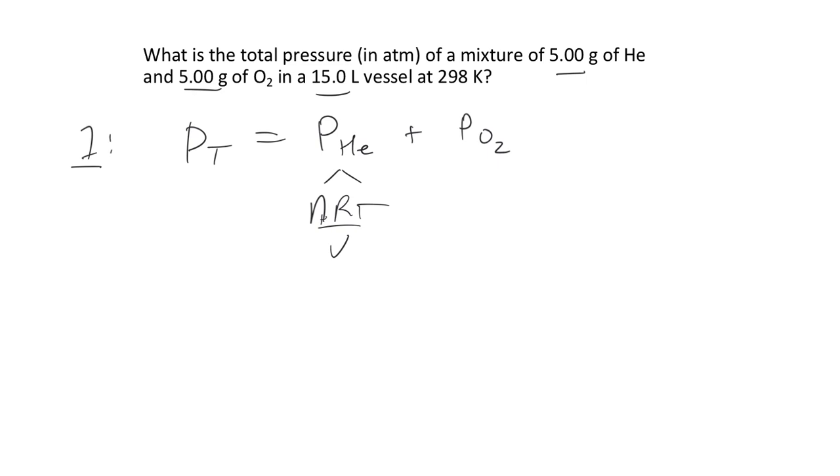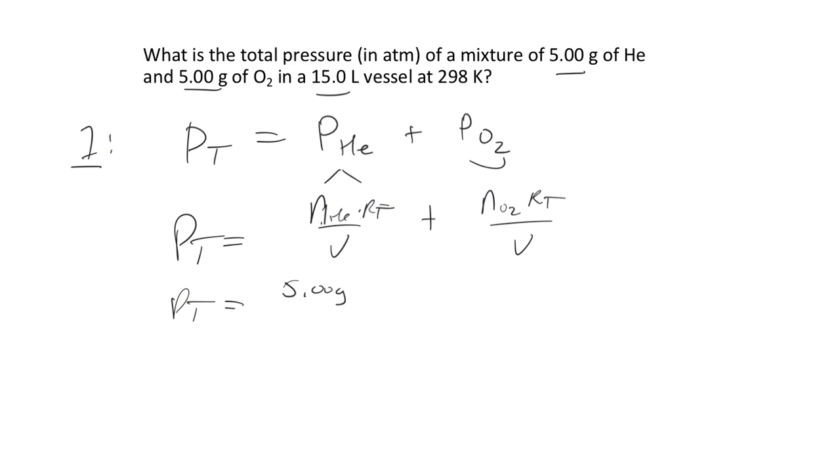Let me save a little room here to write n of helium times RT divided by V. And then the pressure of O2 would be the moles of O2 times RT divided by V. So my total pressure would be equal to 5.00 grams of helium times 1 mole per 4.003 grams of helium.